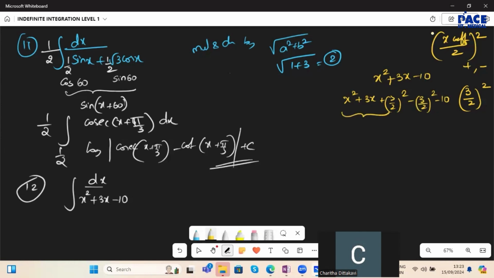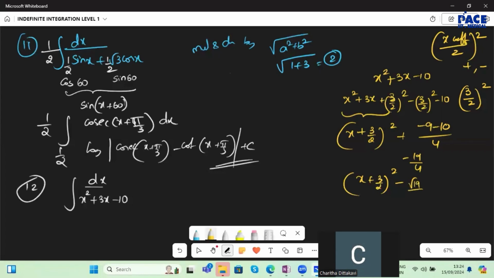Right, so these three together, that will be a square plus b square plus 2ab, which is nothing but (a plus b) the whole square, plus, here you have your denominator to be 4, and that is your minus 9 minus 10, which is minus 19 by 4. So (x plus 3 by 2) whole square minus (root 19 by 2) whole square is what you have.